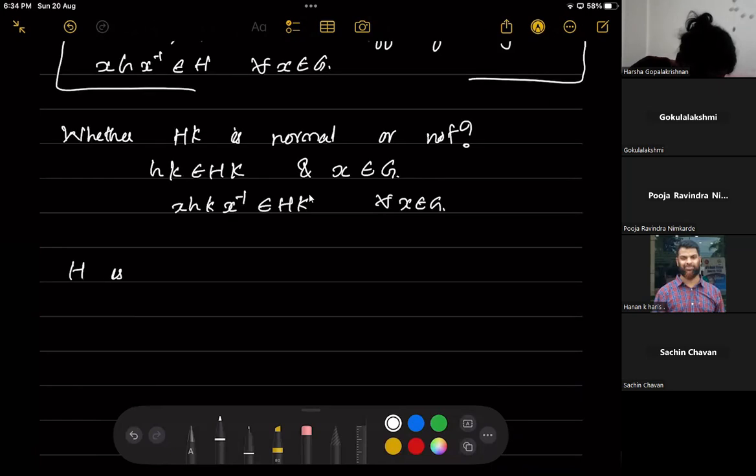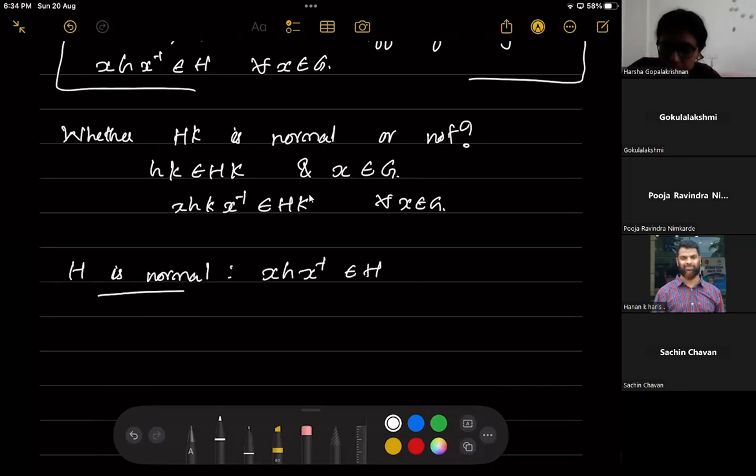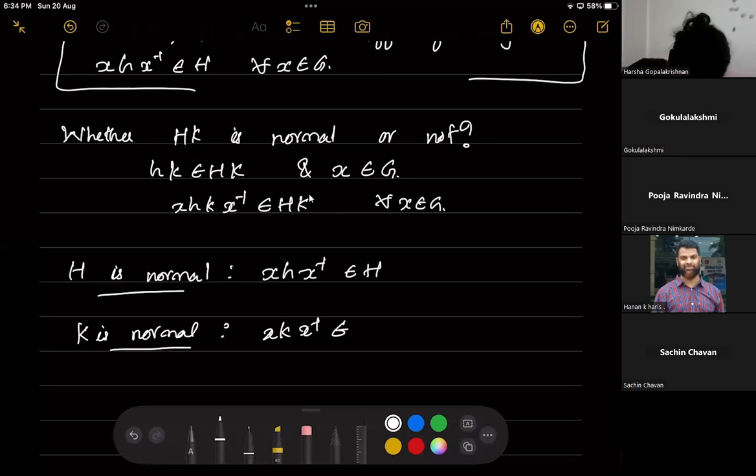That means H is normal. Then x h x inverse belongs to H. So this is our test, right? And K is normal. Then x k x inverse belongs to K. For any element k, this is true, and for any element h, this is true.